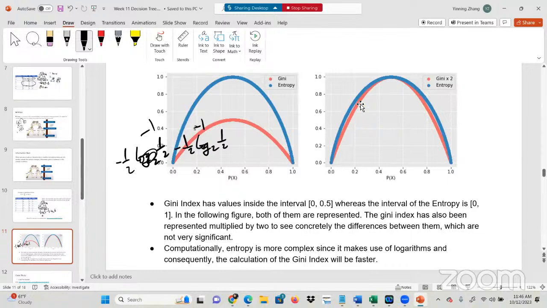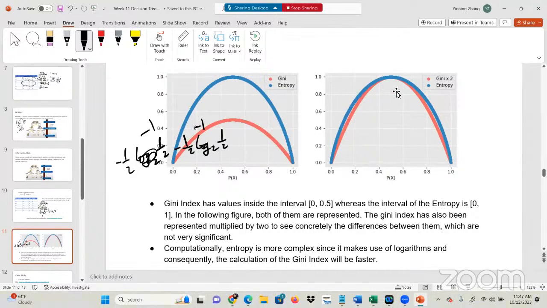Not divided by 2 in the equation; if you divide everything by 2, it doesn't affect the result, so we don't do that.